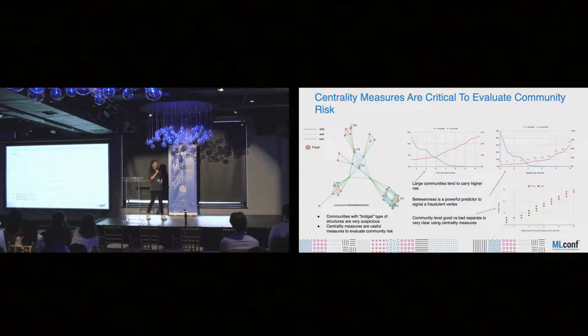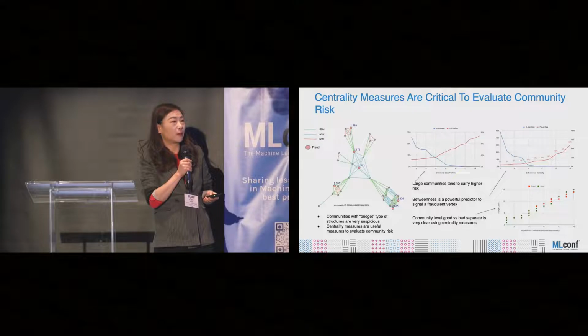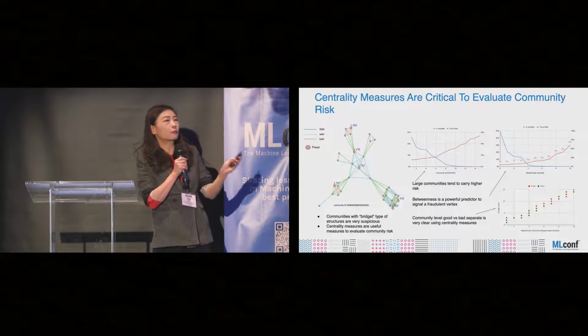Oh, here you go. All right, so these three charts are the ones I'm trying to show you. This is a very simple example. The red line represents the fraud risk, and here is the distribution of the community size from left to right.